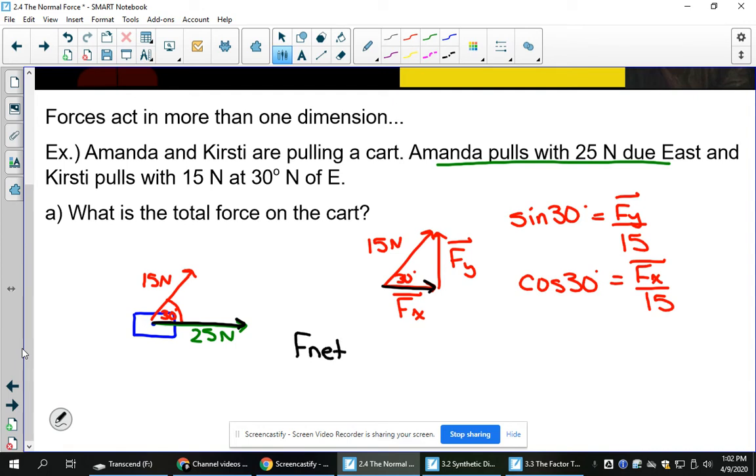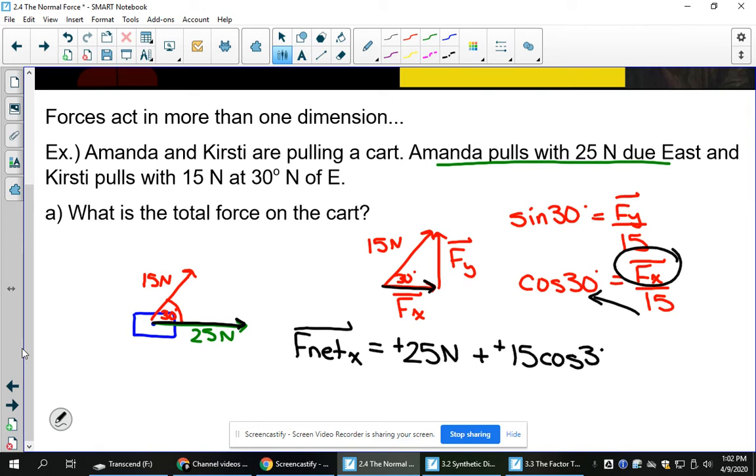So F net, the sum of all of the forces in the x direction, is we've got 25 newtons east, so that would be a positive. And we've got Fx here being 15 times cos 30, also acting in the positive direction. So here we go.